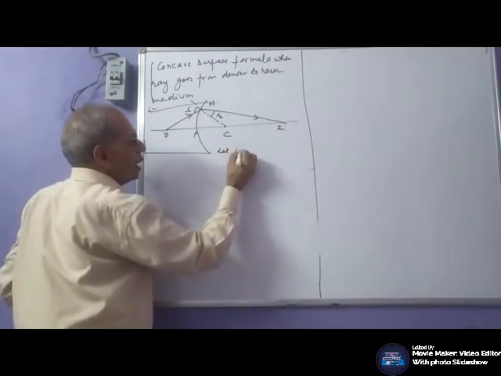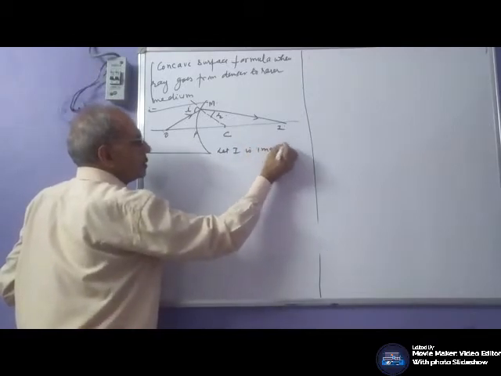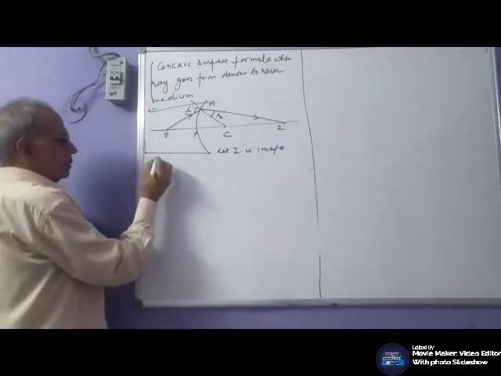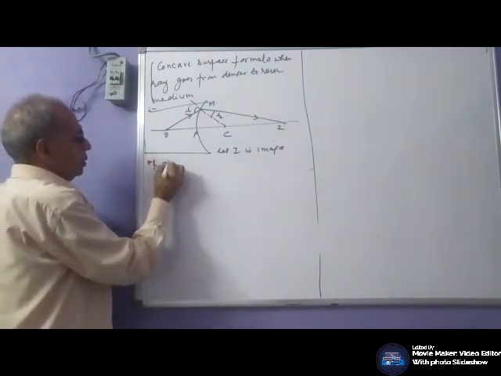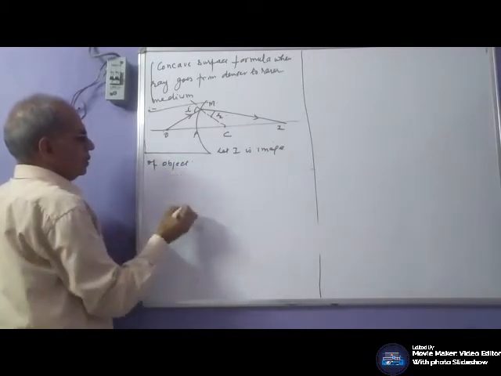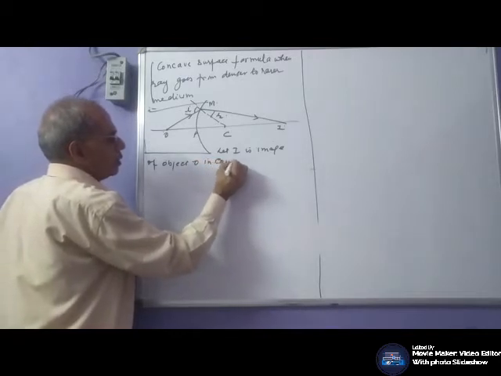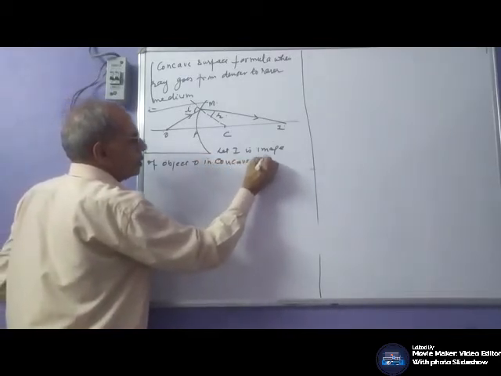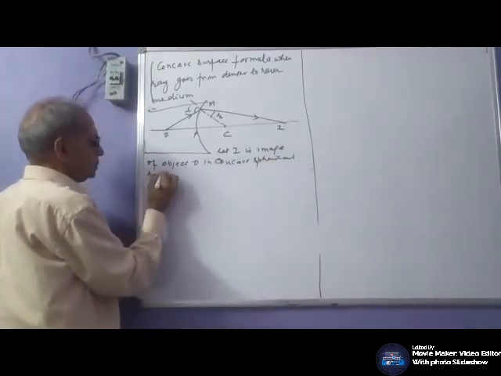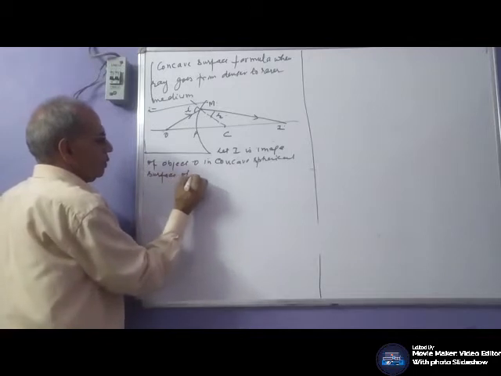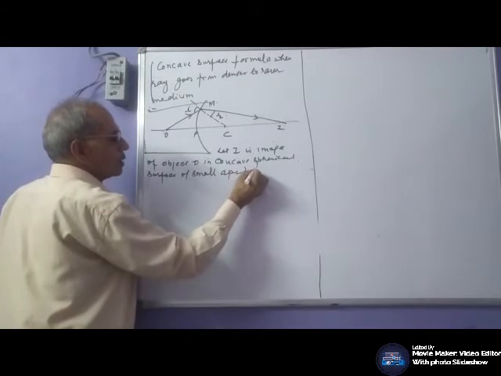Let I be the image of object O in a concave spherical surface of small aperture.